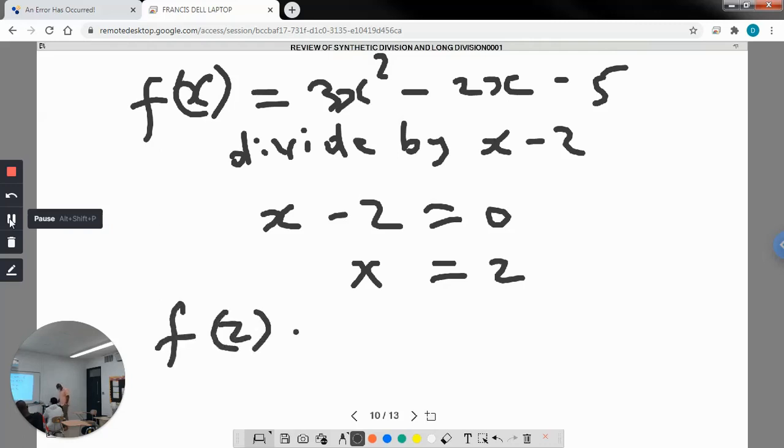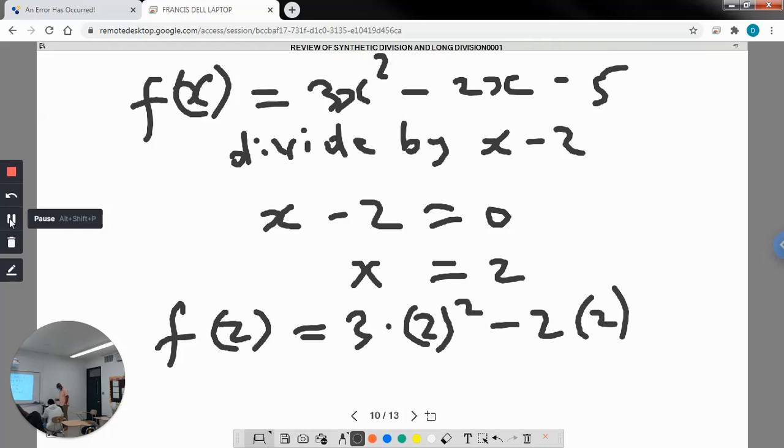F of 2 means that wherever x is in this polynomial function, we are going to substitute 2. So we're going to have 3 multiplied by 2 squared, minus 2 multiplied by 2, then minus 5.